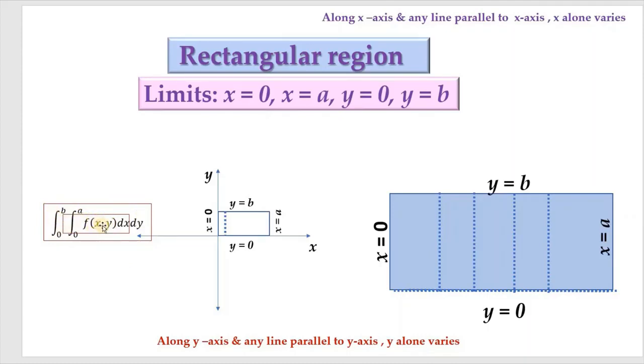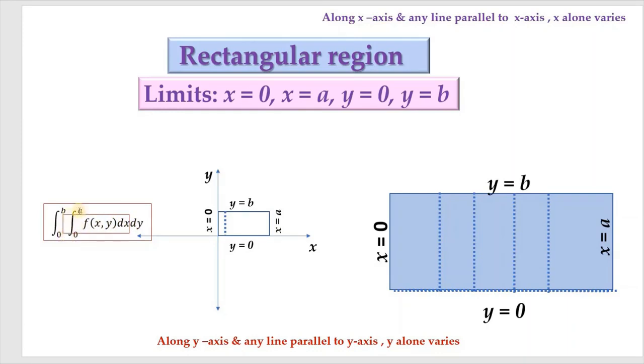This one is called the integrand, and x and y are called the variables of integration. And for the limits, first we have x, so the limit for x is 0 to a, and the limit for y is 0 to b. So these are called the limits, integrand, and variables of integration.